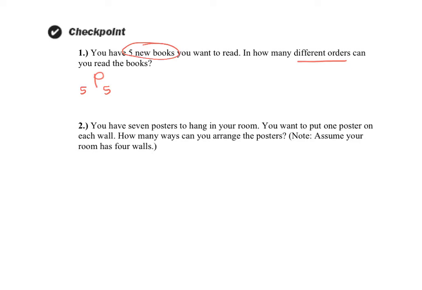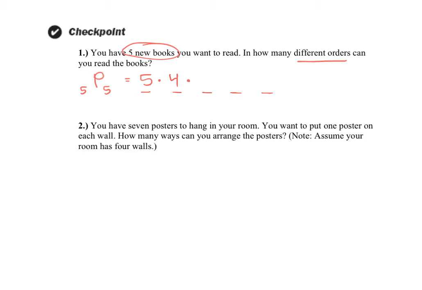So, how many books could you read first? Well, you have 5 options to read first. But once you have read a book, then for your second book, you only have 4 options. Now, because there are 5 books we're going to read, we have 5 spaces, and if it helps you, you can draw out those 5 spaces. You don't have to, but you can.